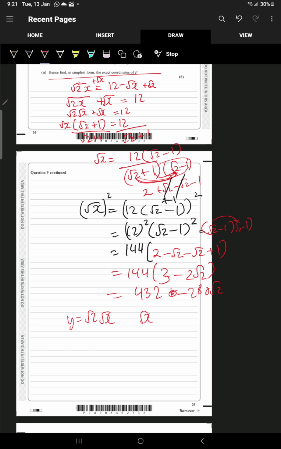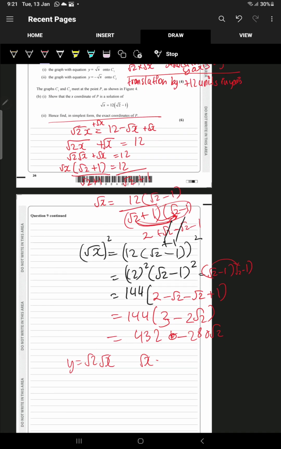Now you're probably wondering why we don't substitute this x coordinate. Well, we cannot square root a third, and that would give you a rational decimal number.